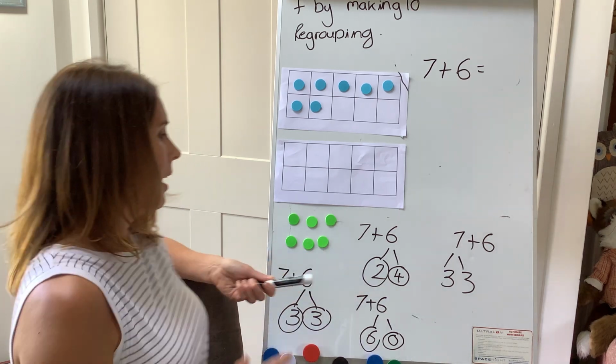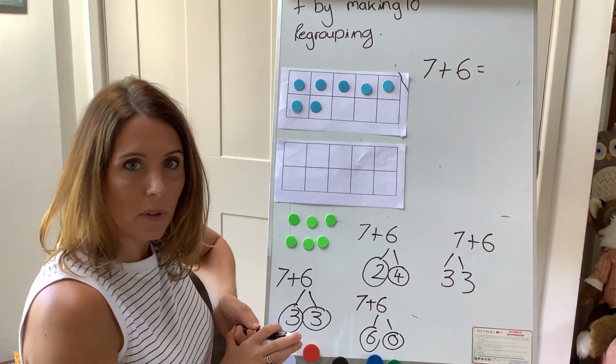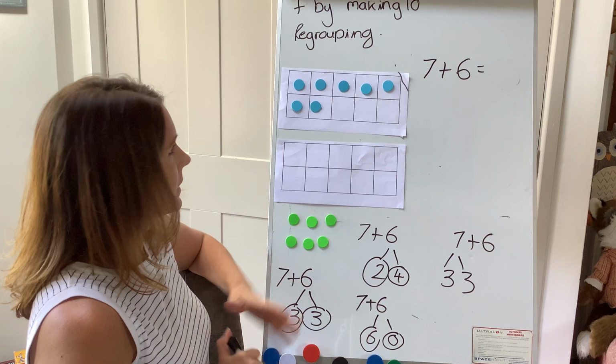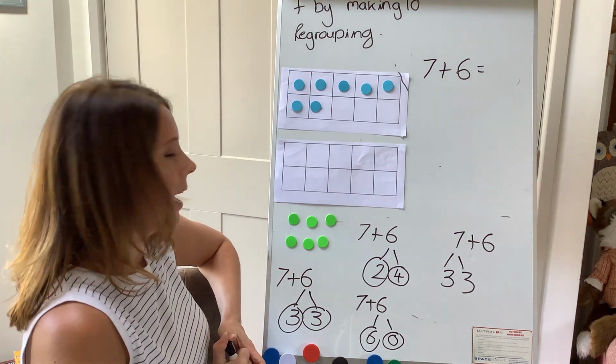Okay, so which one is the most helpful to Andy to be able to add these numbers? Have a look at that.